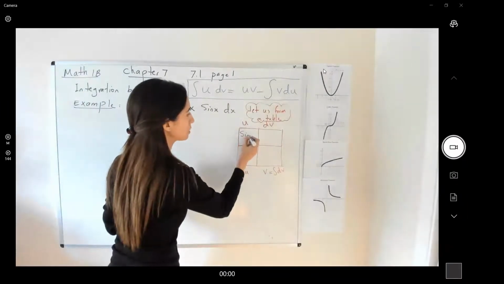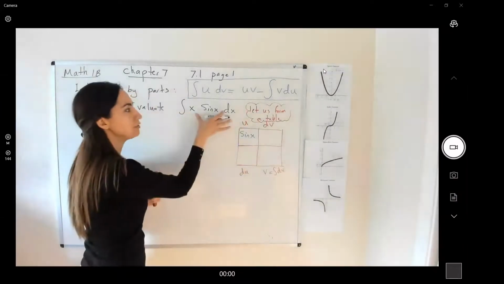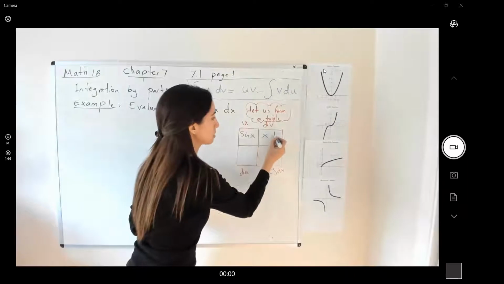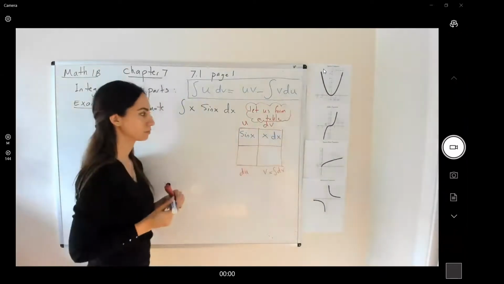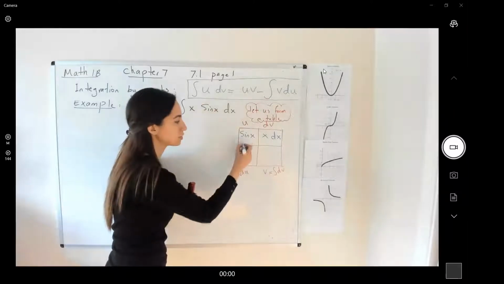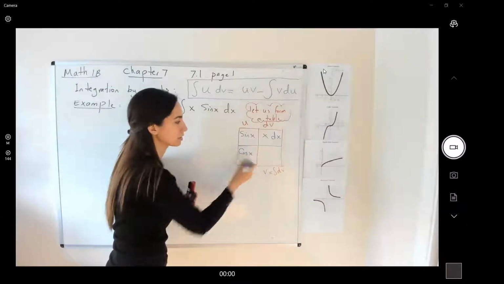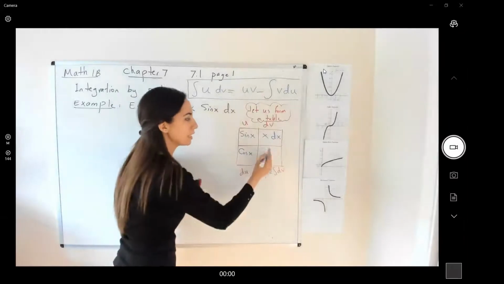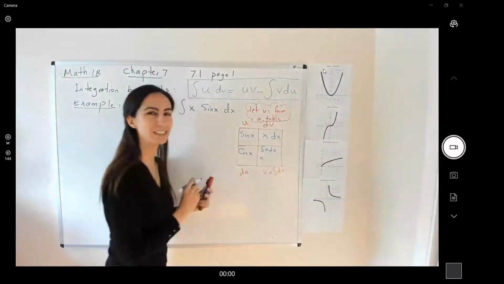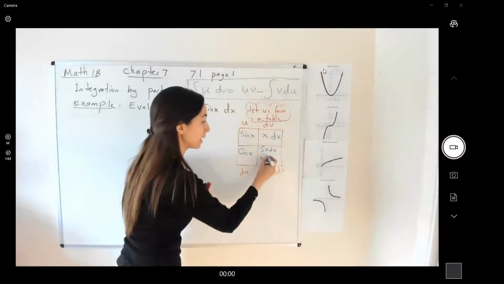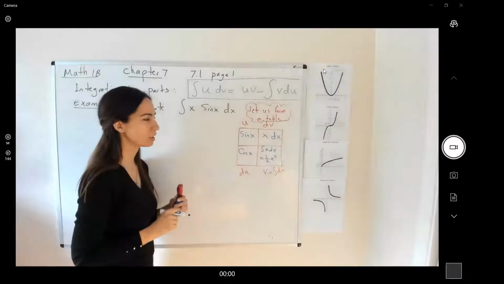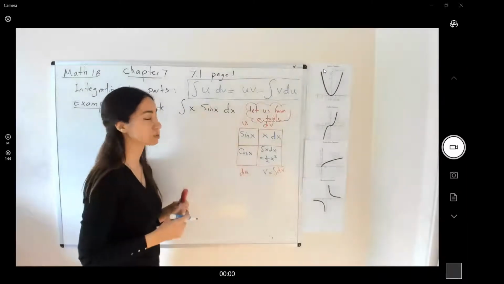Let u be sine x, and my dv be x dx. So what's the derivative of sine x? The derivative of sine x is cosine x. What is the integral of x dx? The integral of x dx is a half x squared.